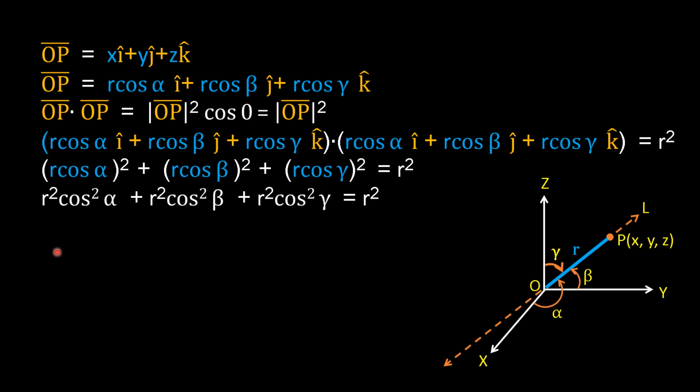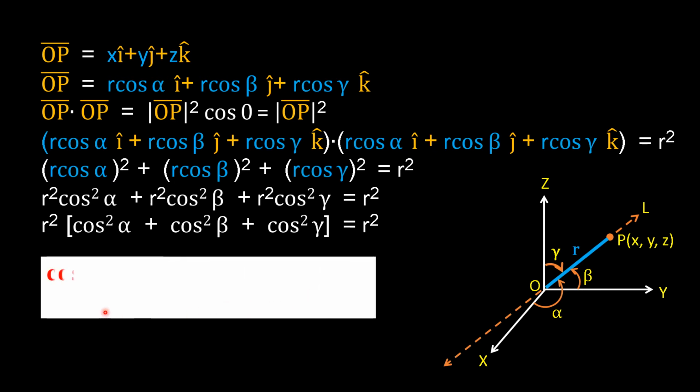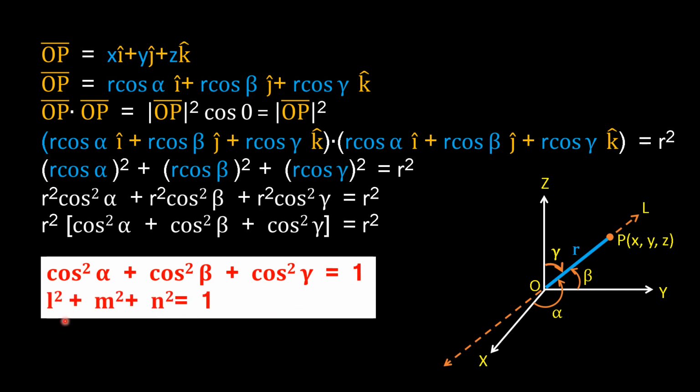We will take R square as the common factor and write R square times cos square alpha plus cos square beta plus cos square gamma equals R square. R square from both sides gets cancelled and we get cos square alpha plus cos square beta plus cos square gamma equals 1, or in other words L square plus M square plus N square equals 1, and this is what we had to prove.